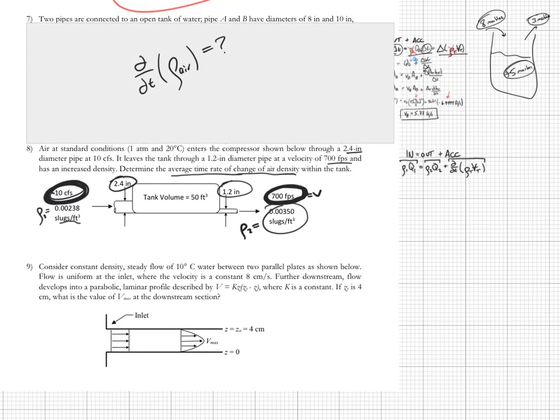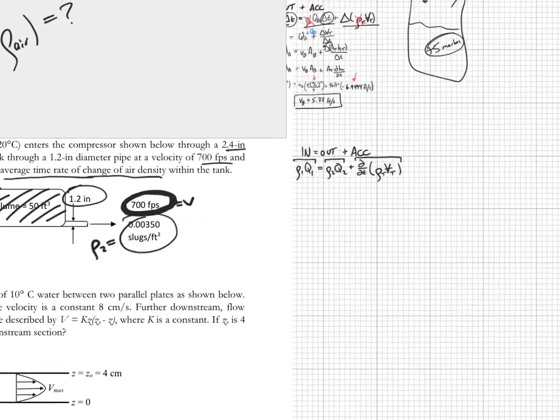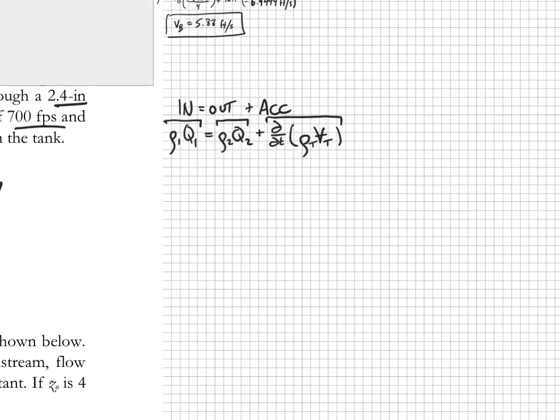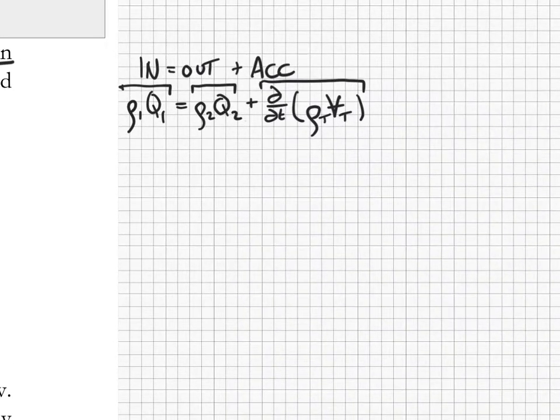Let's see what we can do. In this case, note the tank volume is constant. There's nothing changing at the volume. So let's do this one at a time. Let's just leave it all in symbols for now. Rho 1, Q1 is left as Q1 because it's given to us like that.